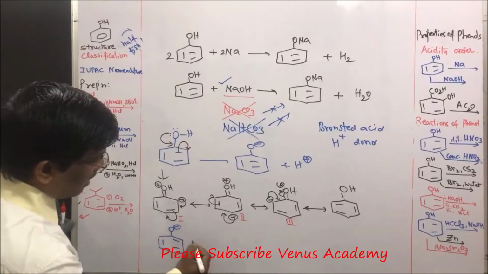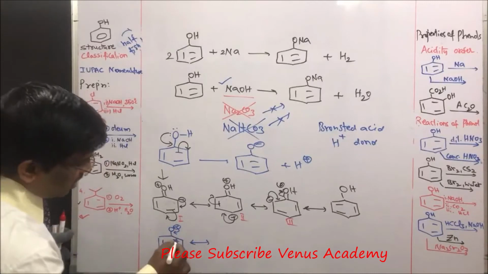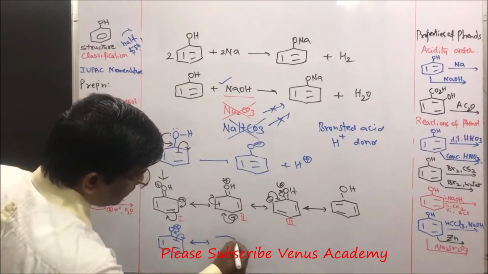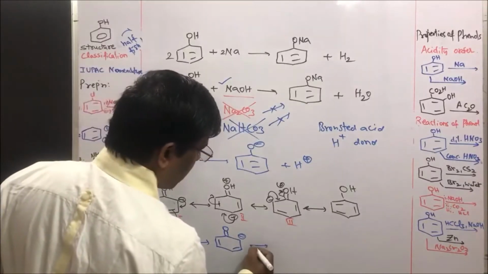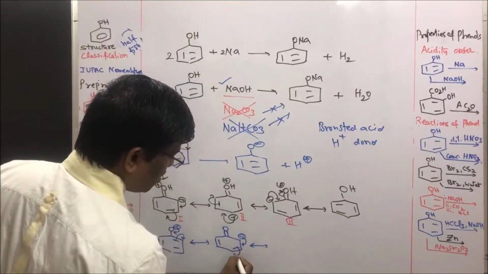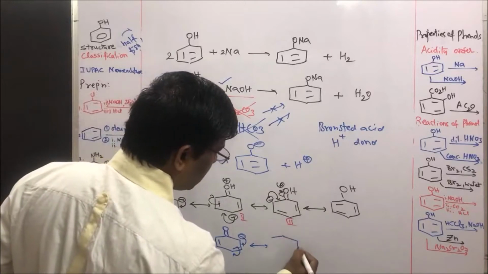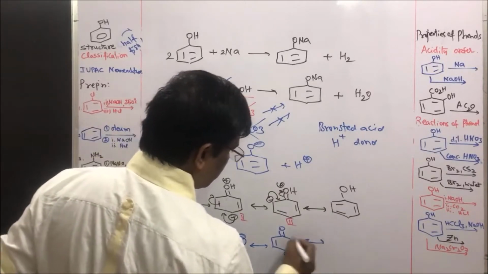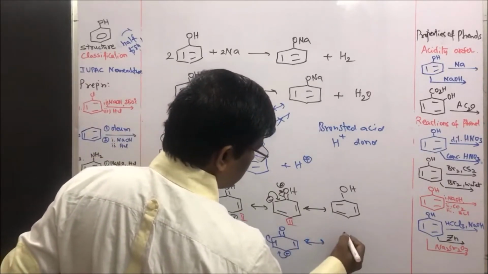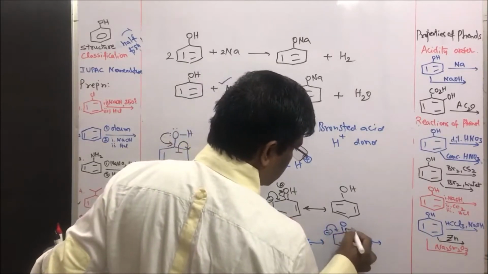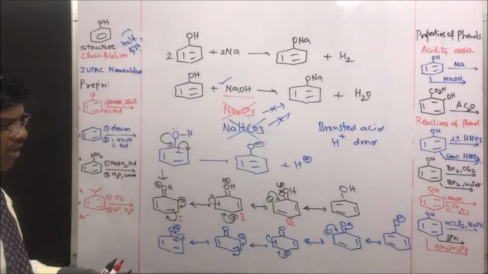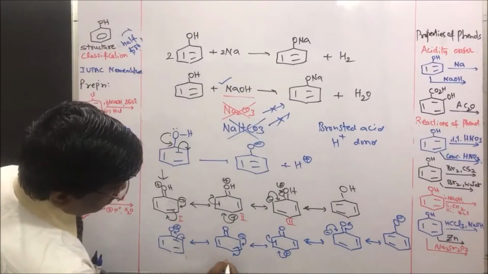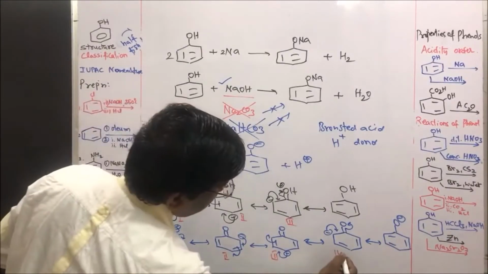Upon resonance stabilization, the phenoxide ion forms a carbanion. This carbanion can be at the para position, and this further has this structure. So how many structures are possible? 1, 2, 3 and 4.